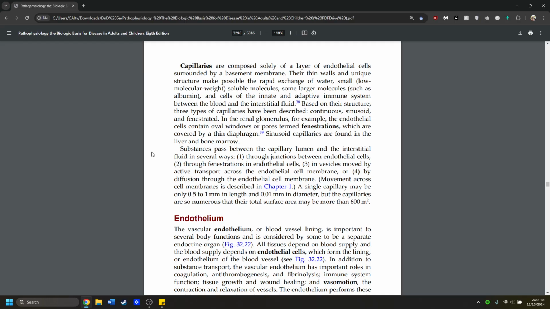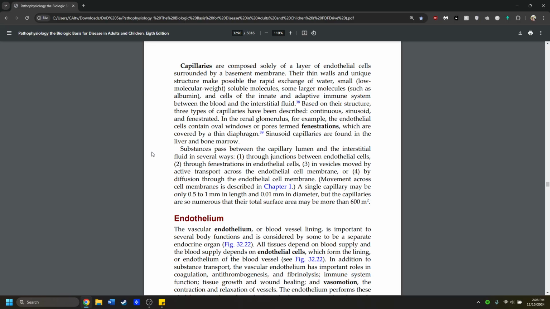Based on their structure, three types of capillaries have been described: continuous, sinusoid, and fenestrated. In the renal glomerulus, for example, the endothelial cell walls contain oval windows or pores, termed fenestrations, which are covered by a thin diaphragm. Sinusoid capillaries are found in the liver and bone marrow.